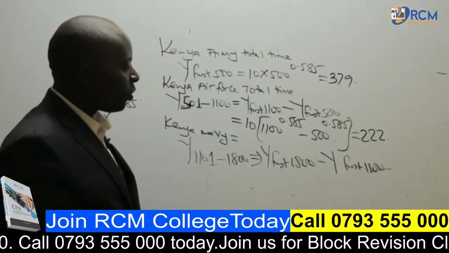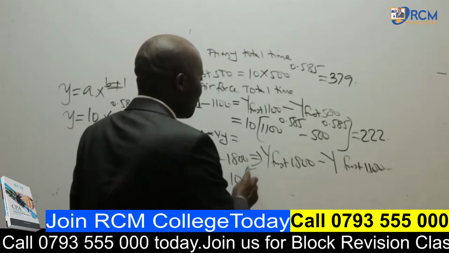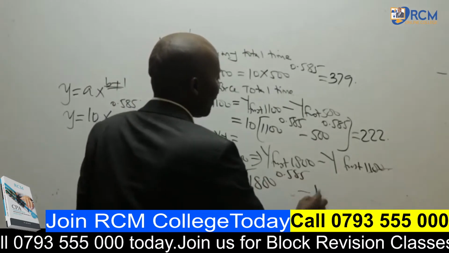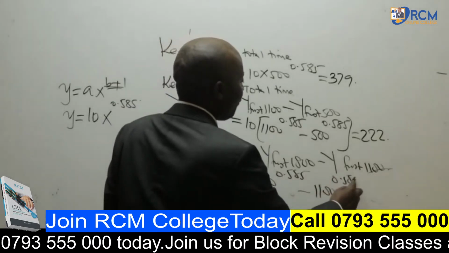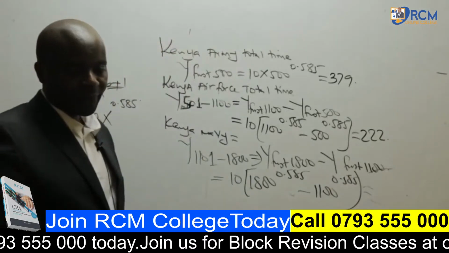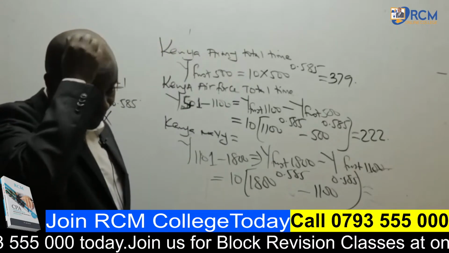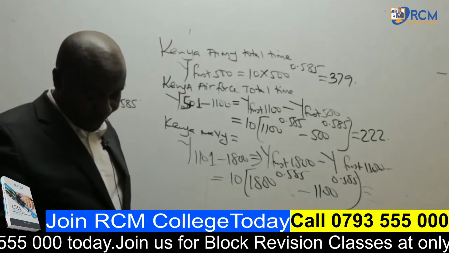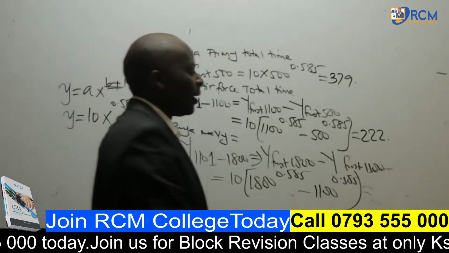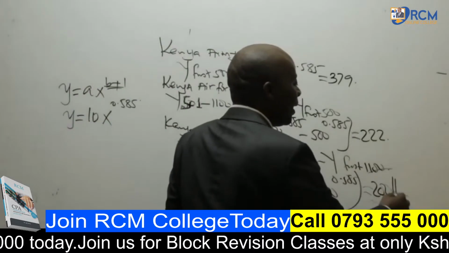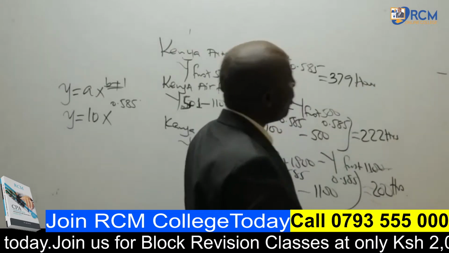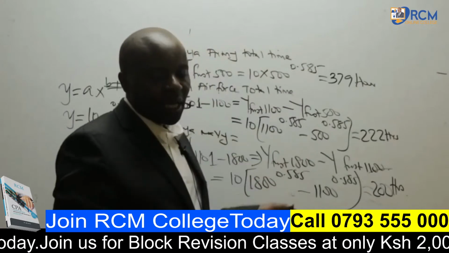So it will come out by putting A outside. Putting A outside, it will be 10 into 1800 raised to 0.585 minus 1100 raised to 0.585. You come and give me the answer. They told me 200. So you know these are hours. If they wanted to know the labor cost, they would give you, for example, each hour costs 10 bob.